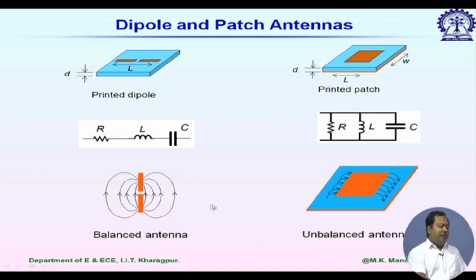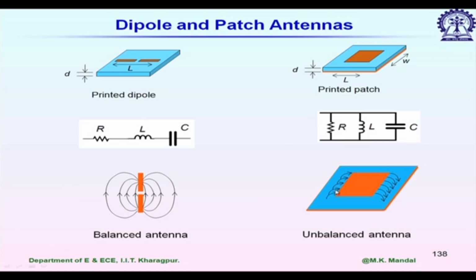We have linear polarization, and this dipole radiates its maximum radiation in the broadside direction, and we have a radiation null along the wire. And now, look at the electric field plot for a rectangular patch antenna.